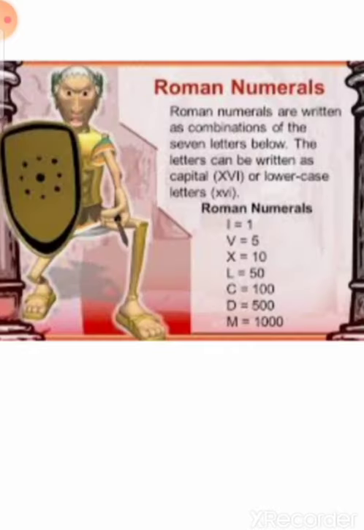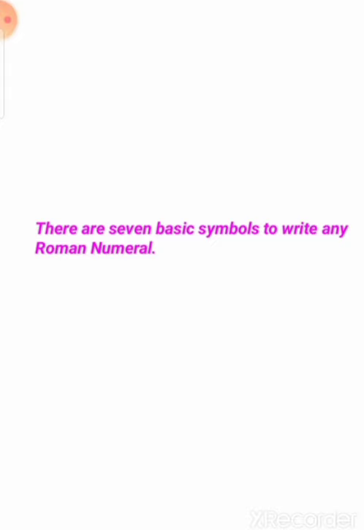Look here. Roman numerals are written as a combination of the 7 letters given below in this image. So first is I, which has the value one; V is 5, X is 10, L is 50, C is 100, D is 500, M is 1000. It means there are 7 basic symbols to write any Roman numeral.